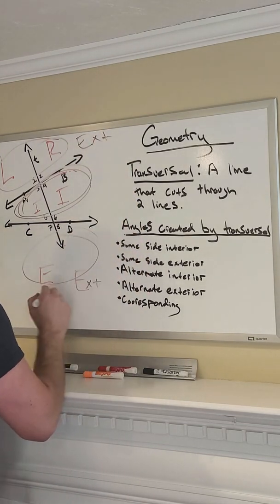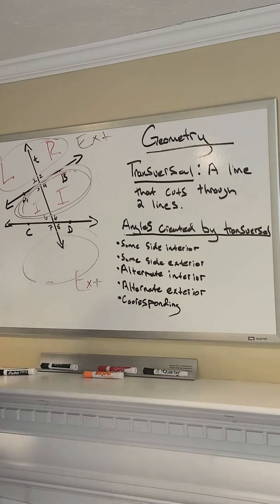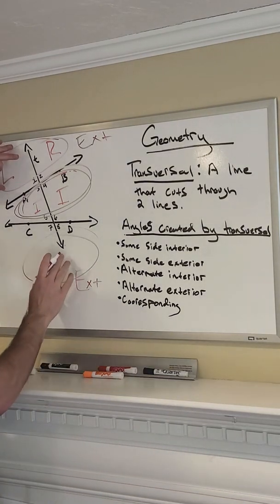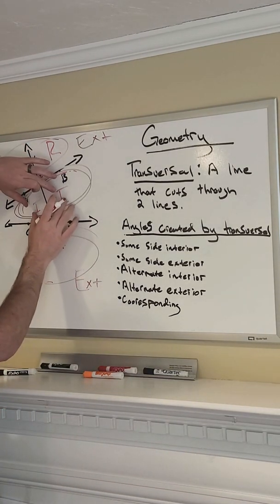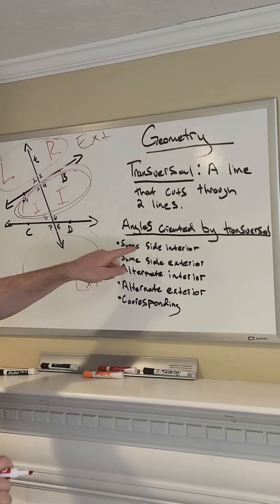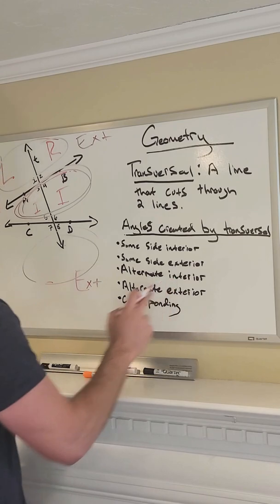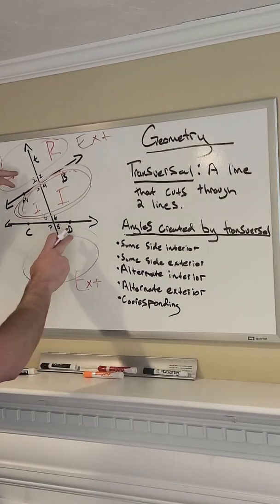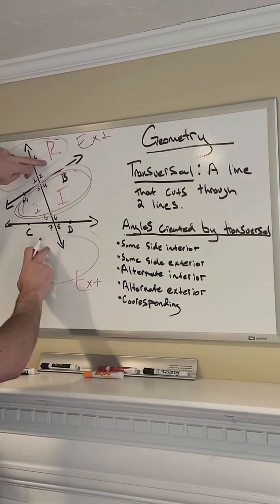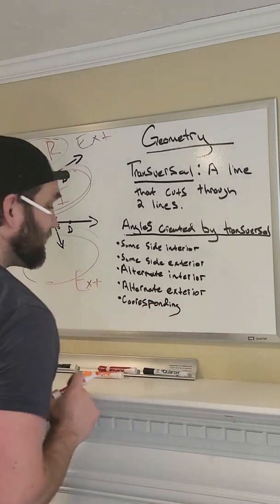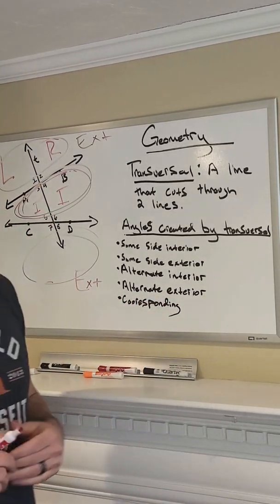So we have same side interior angles and same side exterior angles. We have alternate interior angles, which are on alternate sides of the transversal, and then alternate exterior. And then we have corresponding.